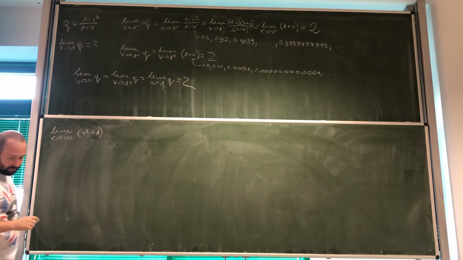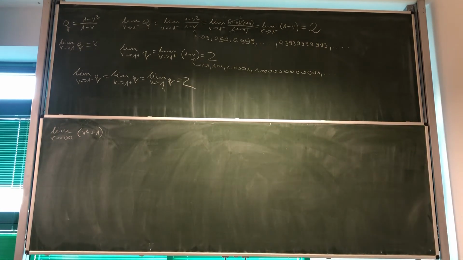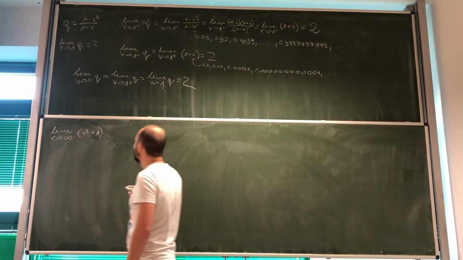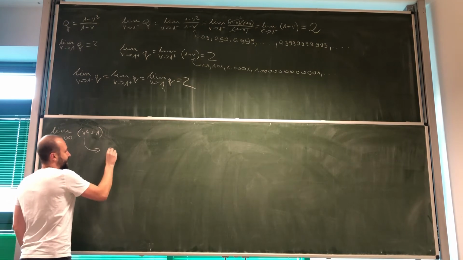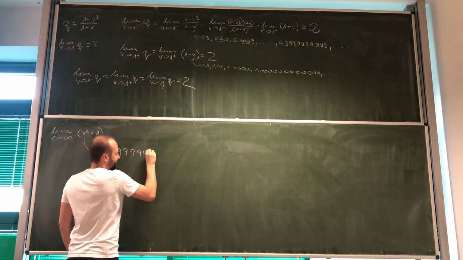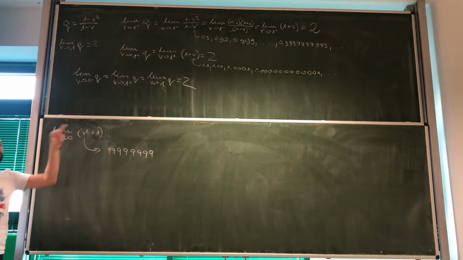Okay, now again, look, we can perform the same mental exercise, but now we need to imagine infinity. How will we imagine infinity? We can imagine it as a big number, like 9, 9, 9, 9, 9, 9, 9, 9. And then we see that if we take this number to the power of 2, we're going to get an even bigger number.